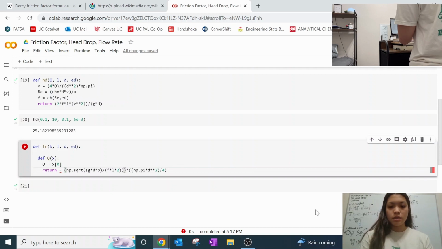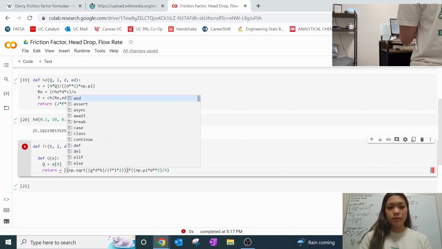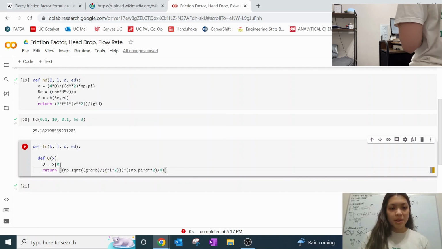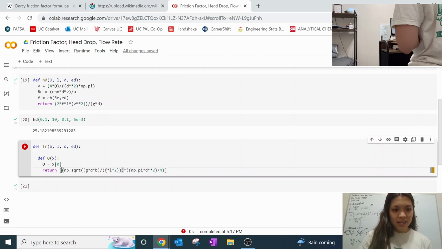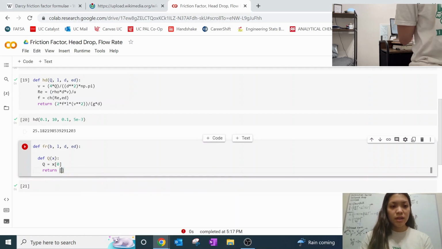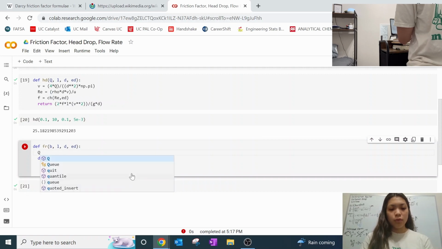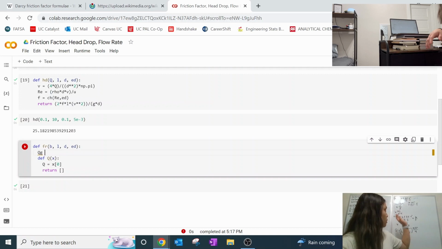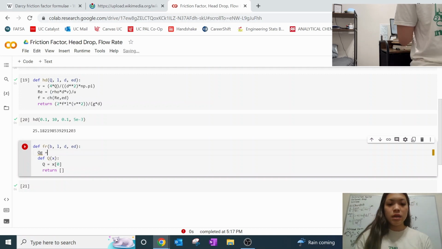And then because it's an array, we have to make sure that we have brackets around it. My apologies. This entire equation is actually the guess. So the guess we have for the flow rate based upon the formulas that we had derived.